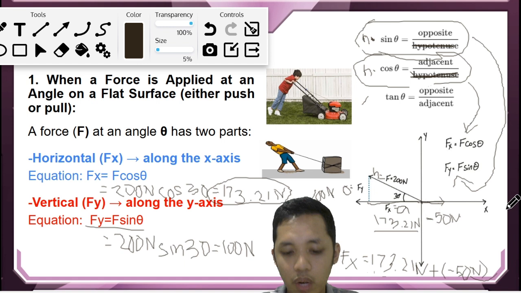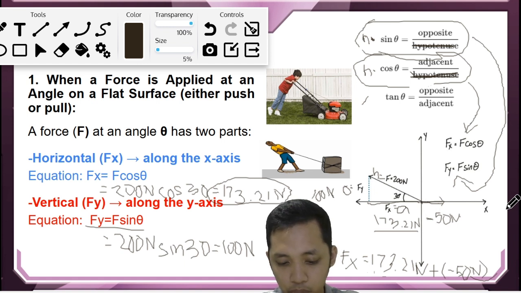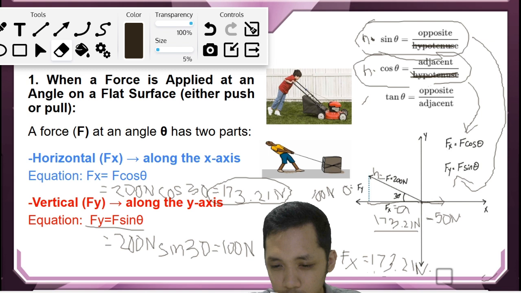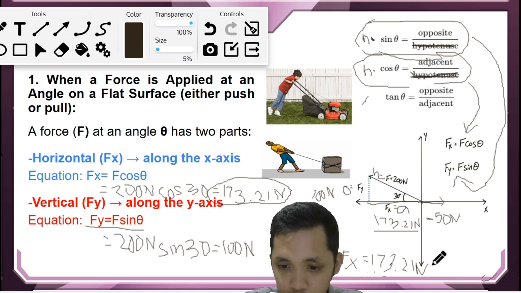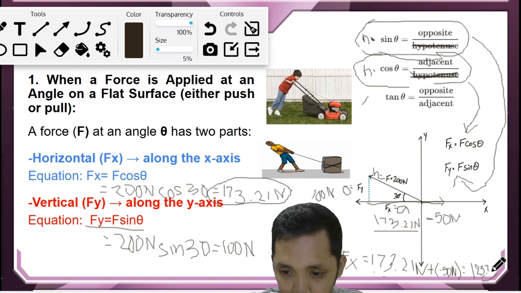Let's calculate: 173.21 plus negative 50 is equal to 123.21 newtons.